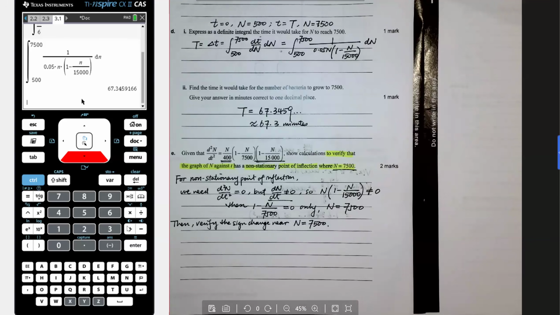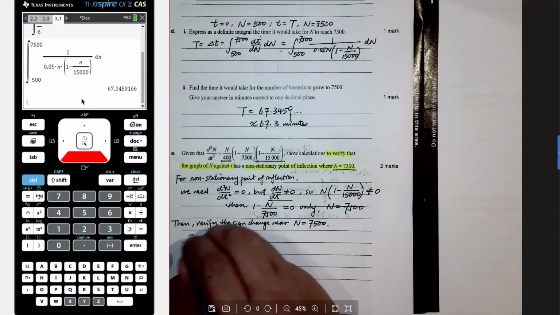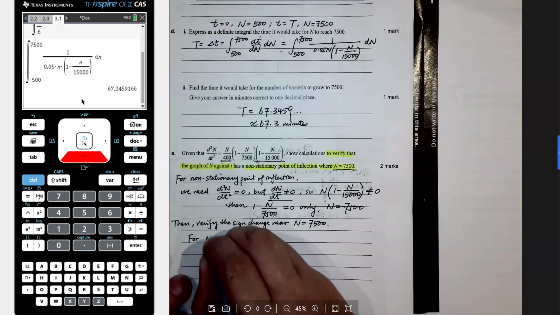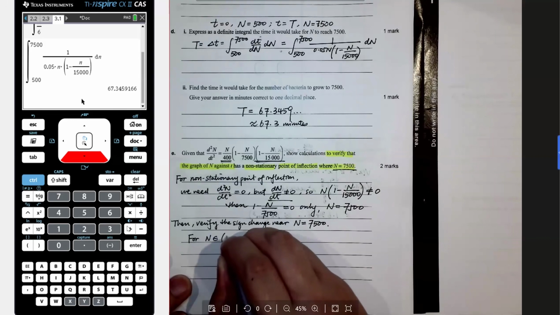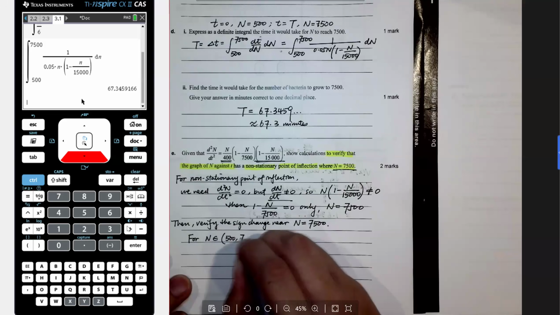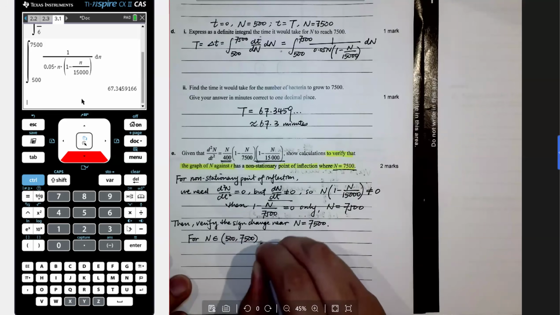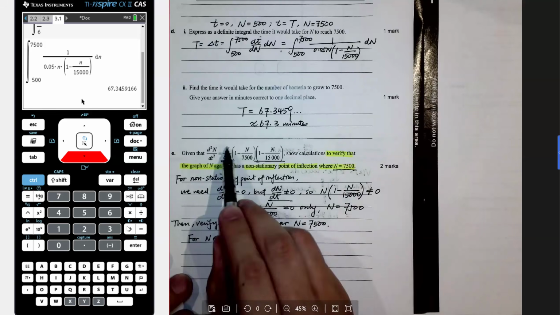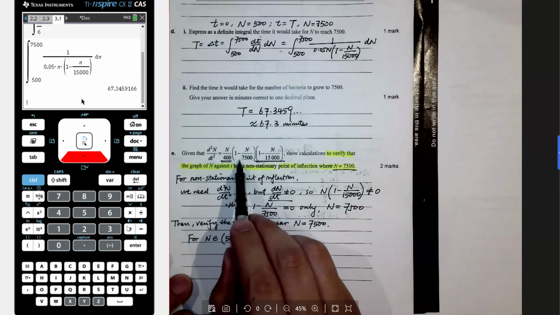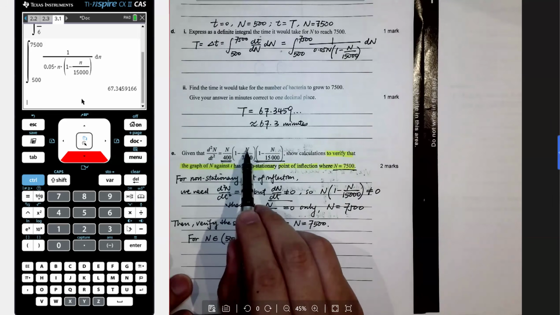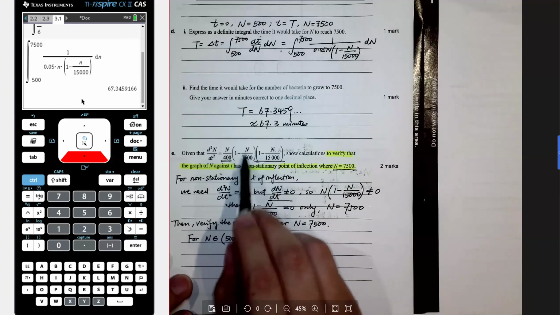Okay, because the bacteria is starting from 500, I'll say for n between 500 to 7,500, this first term is positive, and this term, if n is less than 7,500, is one take away a number less than 1, which is greater than 0.